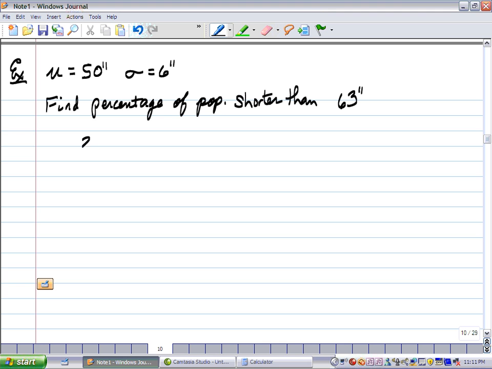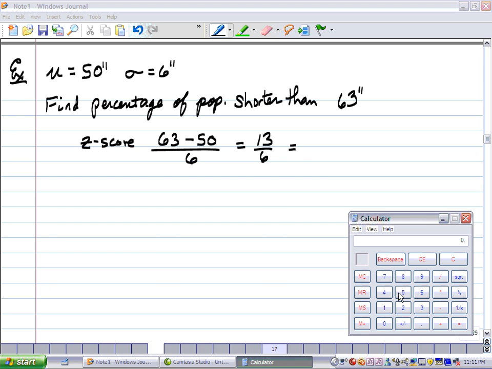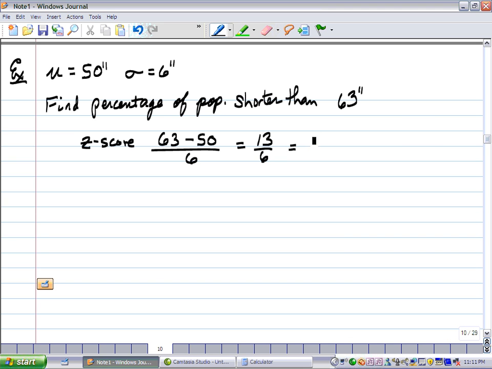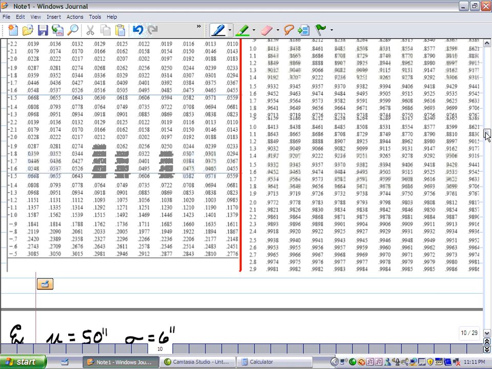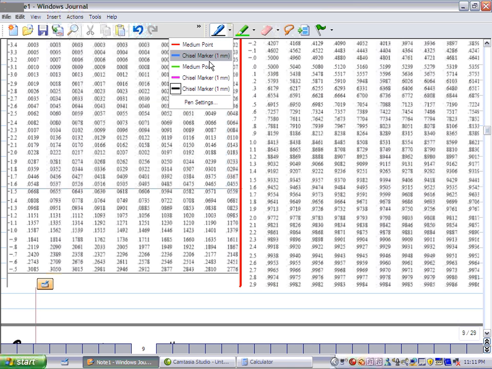So first of all, I need to find the z-score. 63 minus 50 over 6. So that's going to be 13 divided by 6, 2.17. So then I'm going to look up in the chart for 2.17. Here's 2.1.